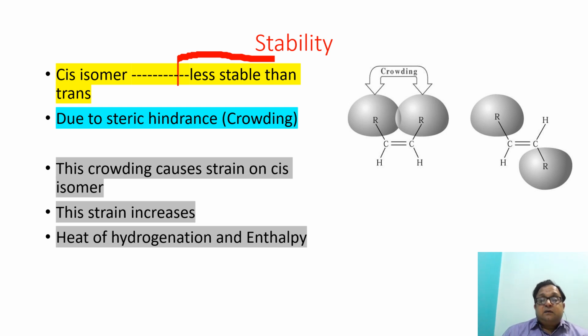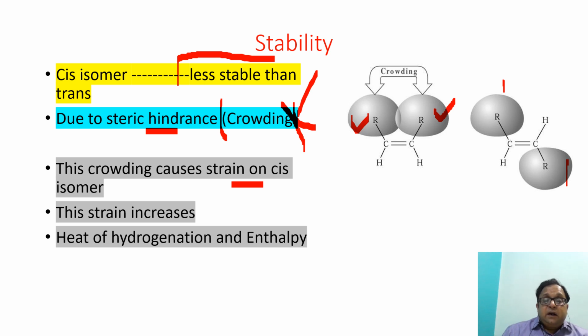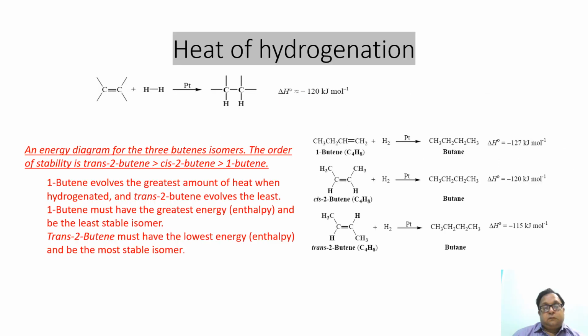Cis isomers are less stable due to steric hindrance, and steric hindrance exists due to crowding, because the alkyl groups or any other groups present at the cis position on the same side create crowding in the cis isomer, but in the trans isomer this crowding or steric hindrance is absent. This crowding causes strain on the cis isomer, and this strain increases the heat of hydrogenation and the enthalpy.